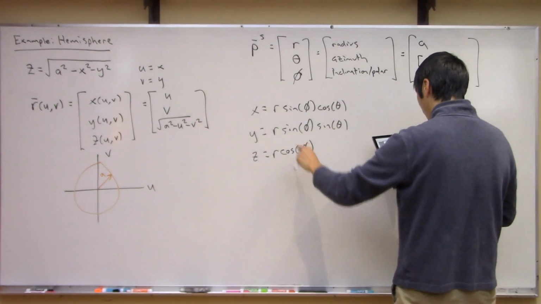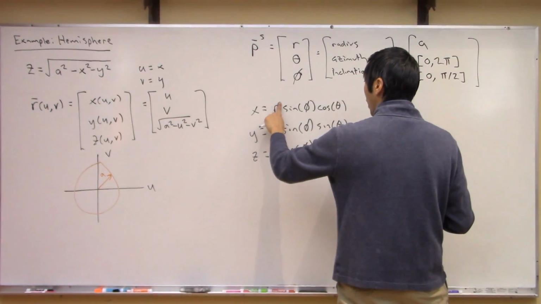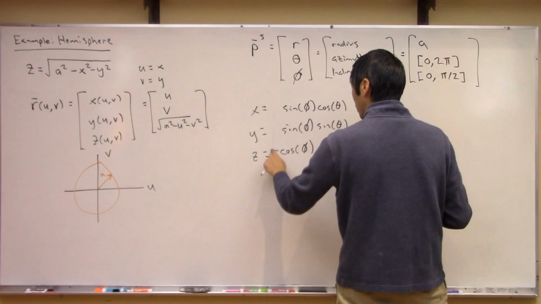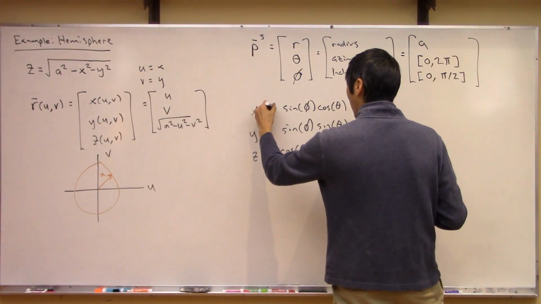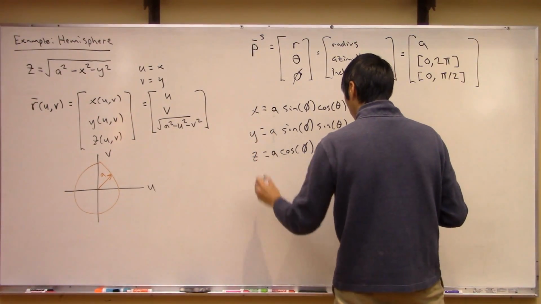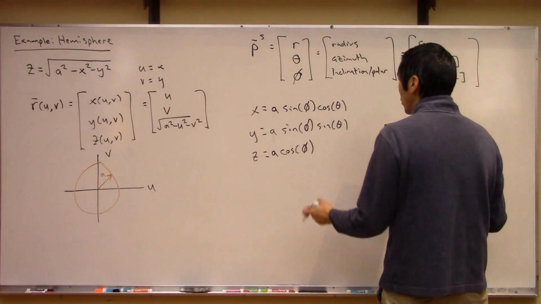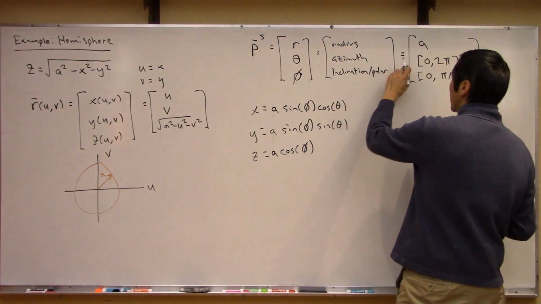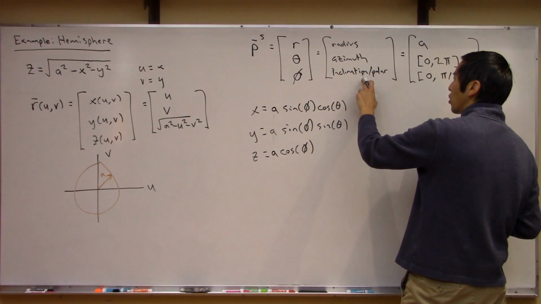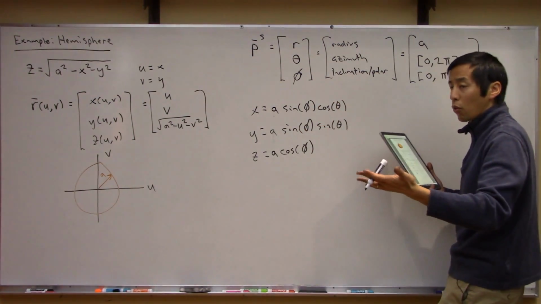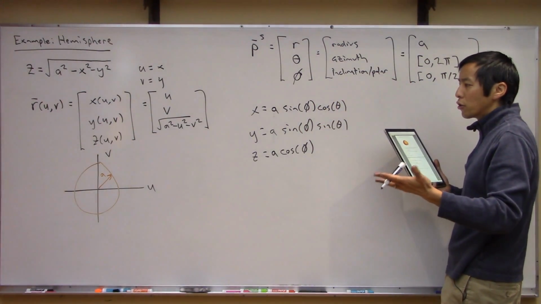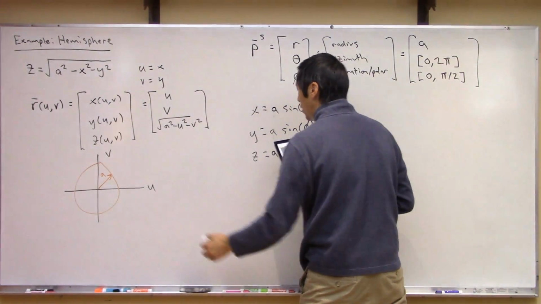So in other words, the radius is constant at a. And now, since we're going to let the azimuth and the inclination angle run over these values, these are really our two independent variables in our UV plane.